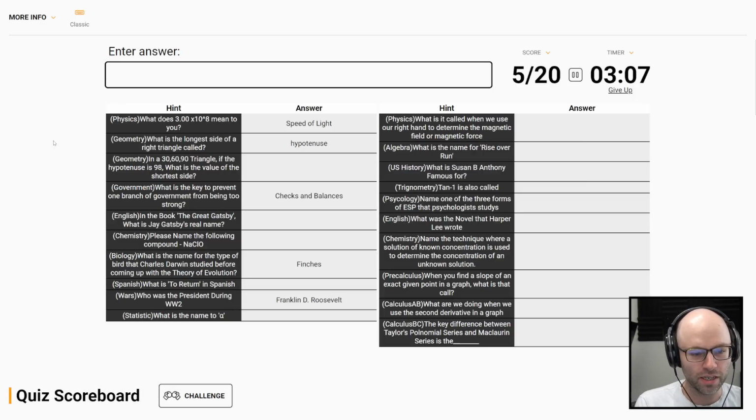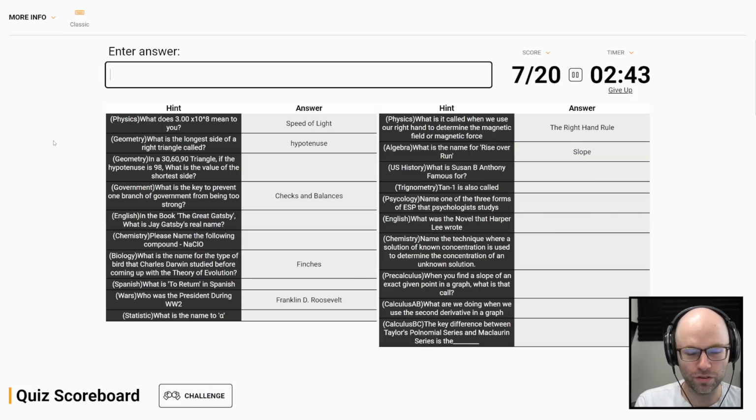Statistic. What is the name to alpha? What is it called when we use our right hand to determine the magnetic field or magnetic force? Right hand rule. Rise over run is slope.